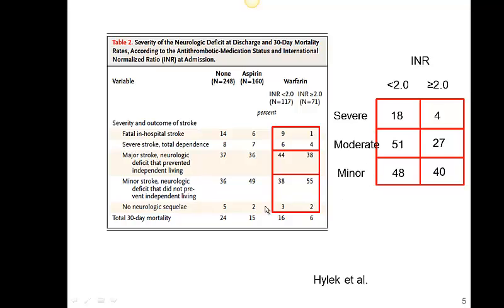The minor category combines no deficit and minor stroke. The moderate category is from major stroke itself. And the severe category combines severe stroke and death in hospital. The exposure of interest is INR lower than 2.0 compared to INR being 2 or greater.